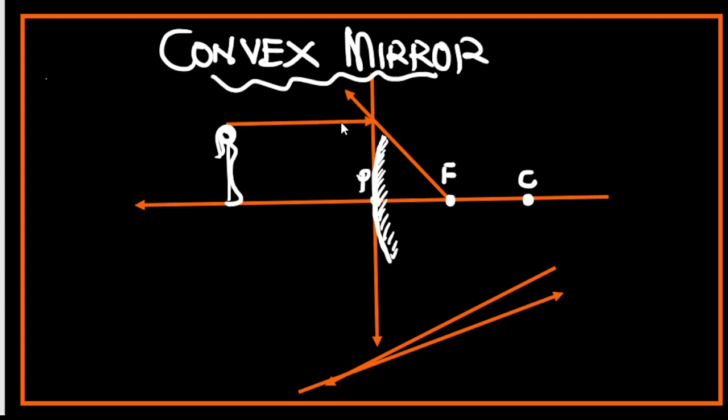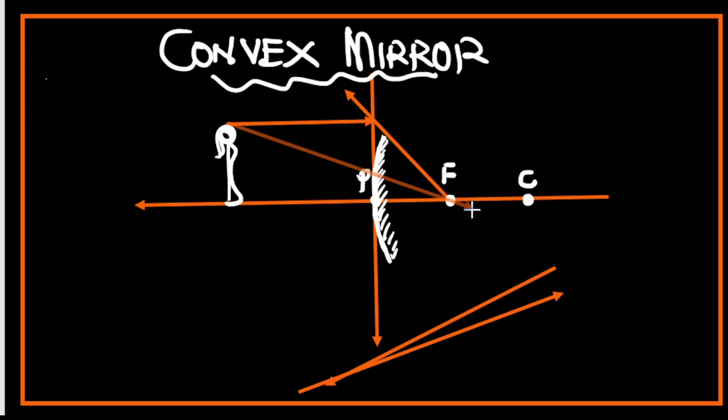Now it's time to use rule 2. Rule 2 means I will now draw a ray that is going to pass through F. Alright? So, starting from the head of the object, I have this. My ray has to be drawn in such a way that it is passing through what? F. This is what I have.